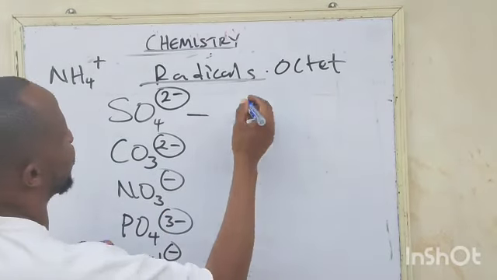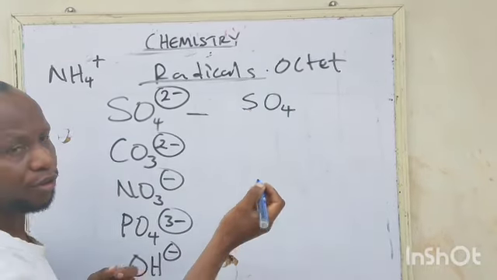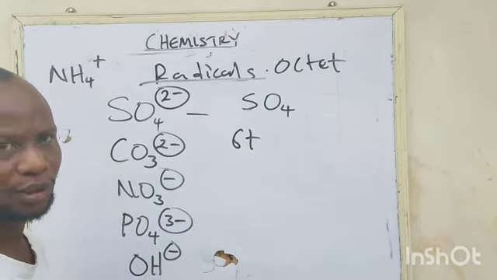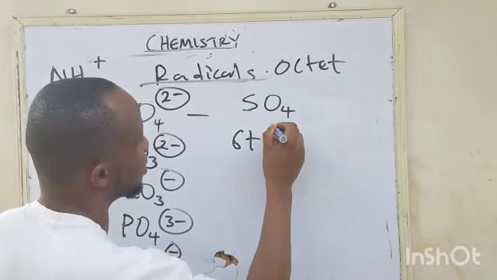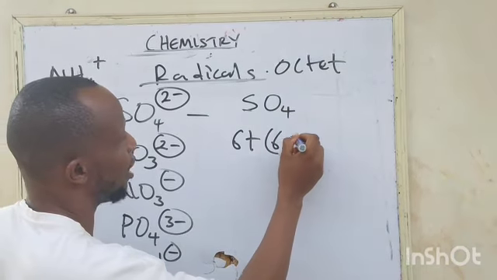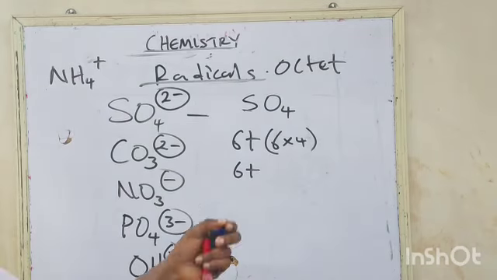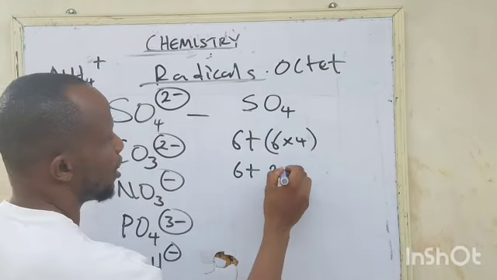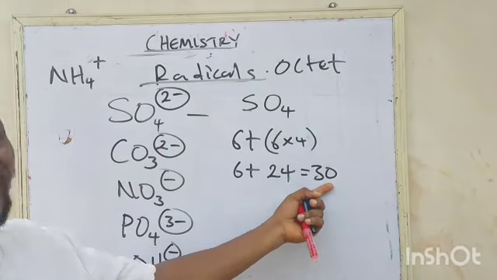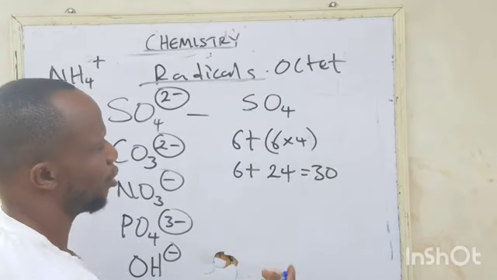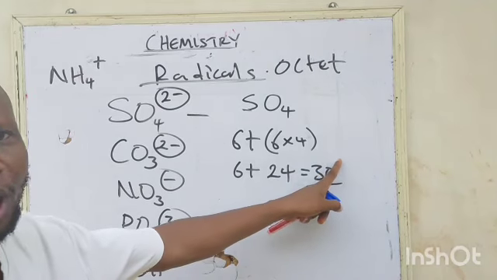Let's look at SO4. Sulfur has 6 valence electrons available. Oxygen also has 6 valence electrons, but with 4 oxygen atoms, times 4. So this is 6 plus 6 times 4, which is 24. 24 plus 6 is 30. So there are 30 valence electrons. If we divide by 8, we don't have a round figure.